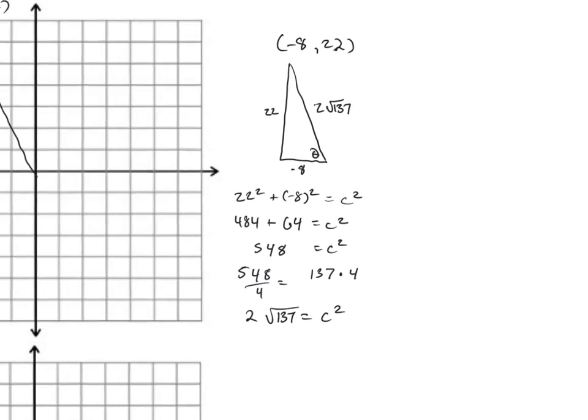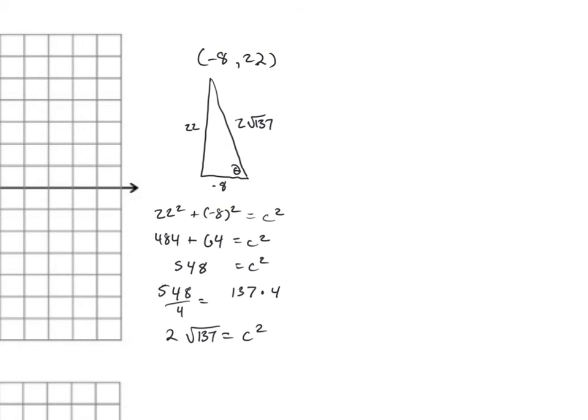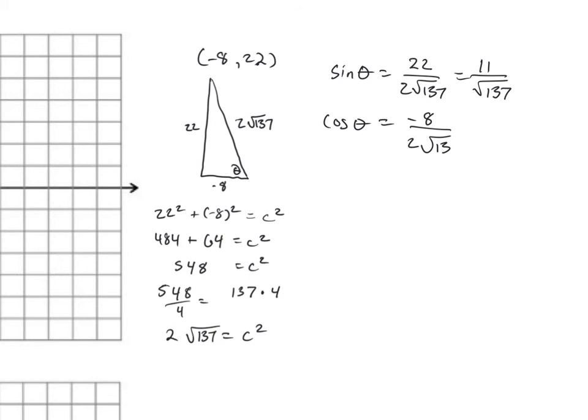Now I can find all my other functions. So sine of theta will be 22 divided by 2 root 137, which is 11 over root 137. Cosine of theta is negative 8 over 2 root 137, which reduces to negative 4 over root 137.